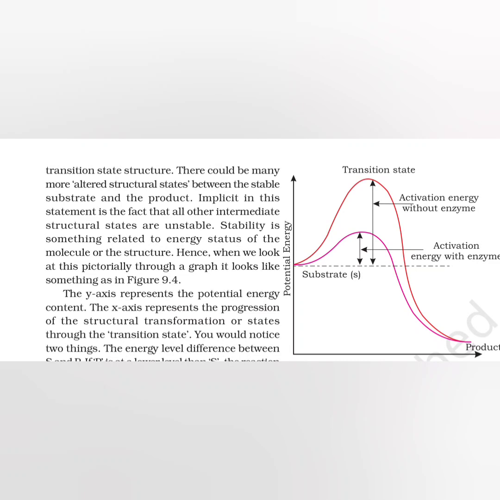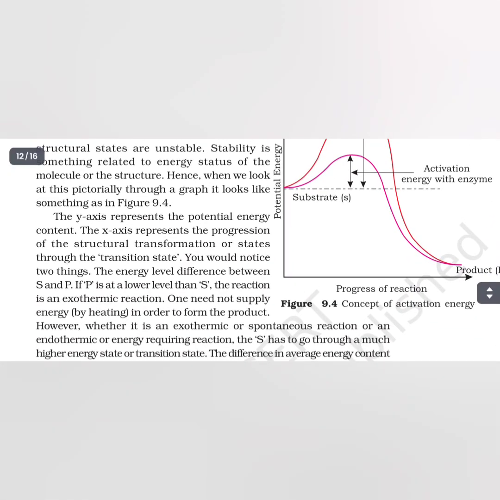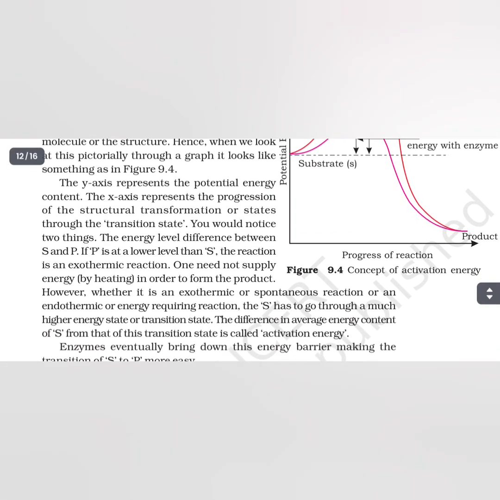Hence, when we look at this pictorially through a graph, it looks like figure 9.4. The y-axis represents the potential energy content, the x-axis represents the progression of the structural transformation or the states through the transition state. You will notice two things: the energy level difference between S and P.